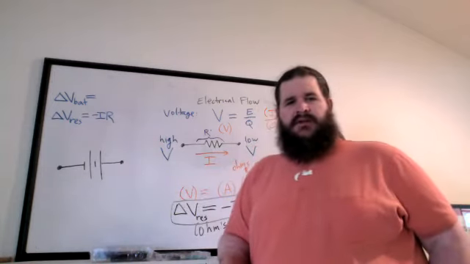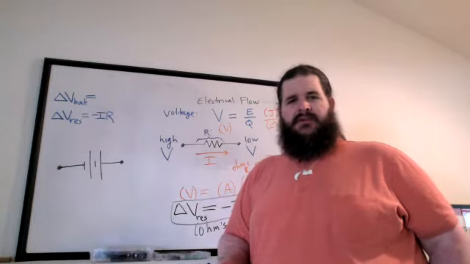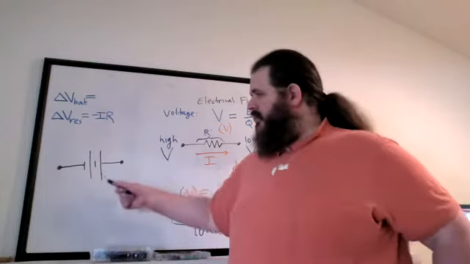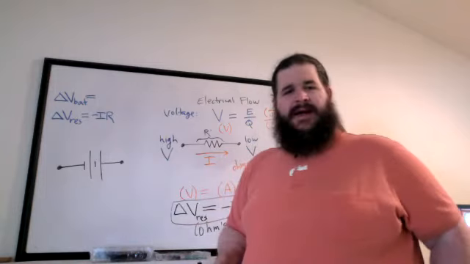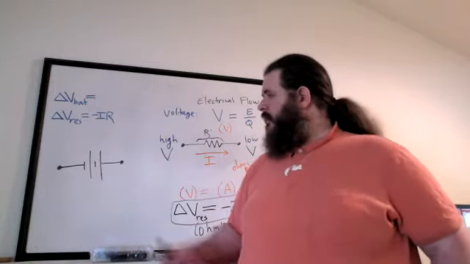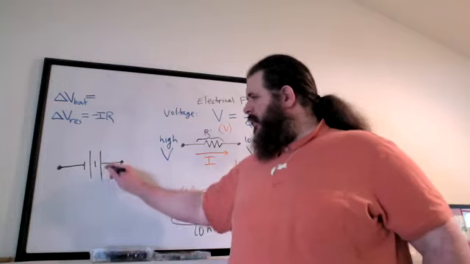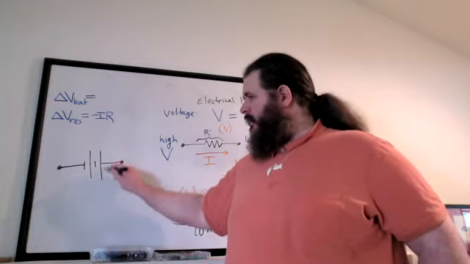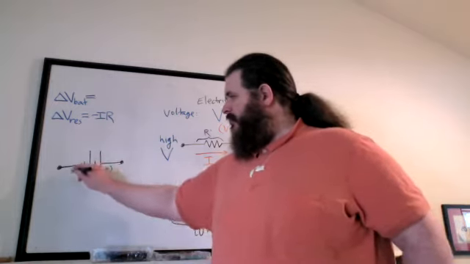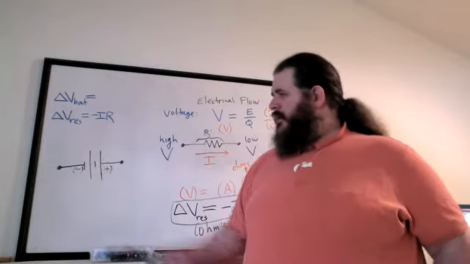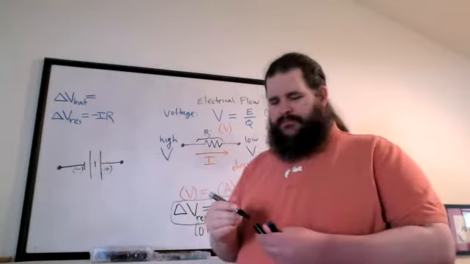But most modern batteries are actually several smaller batteries combined together in one case. So this is usually just used to represent a battery or a cluster of batteries. And typically the long bar represents the positive terminal and the short bar represents the negative terminal. That is high voltage and low voltage.